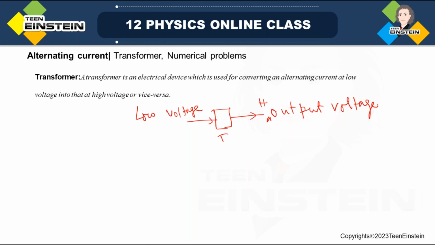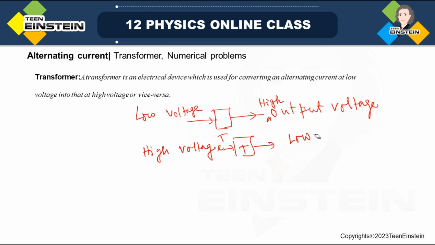Or vice versa, you can do the other thing also: you have a high voltage input. If you wish to make it low voltage, you have to pass it through the transformer. So this is the primary job of the transformer.